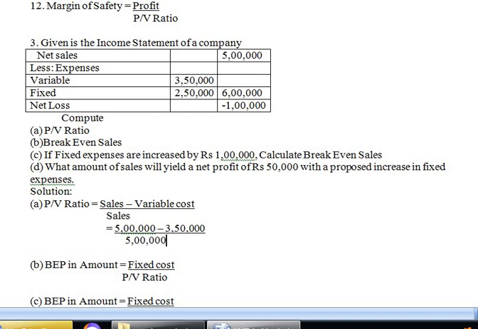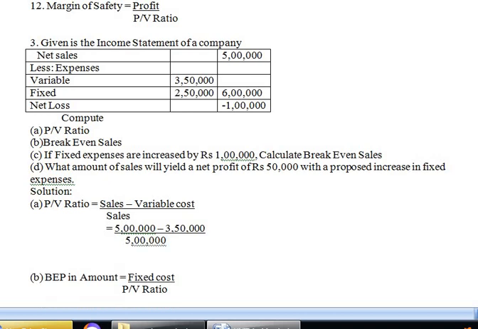Now calculate this. That is equal to 0.3. So PV ratio is 0.3.